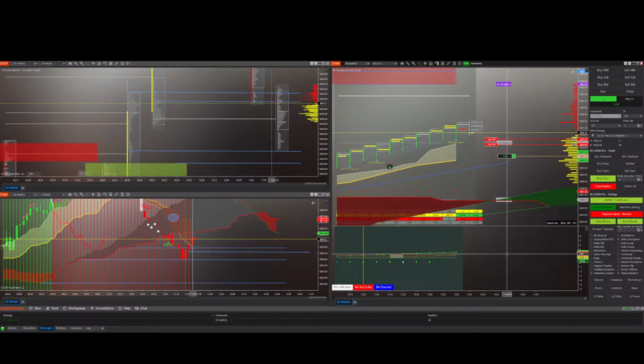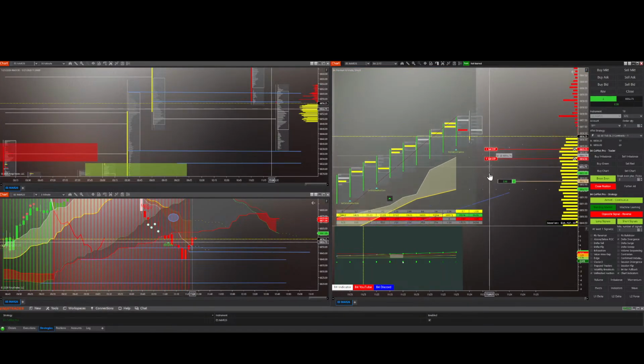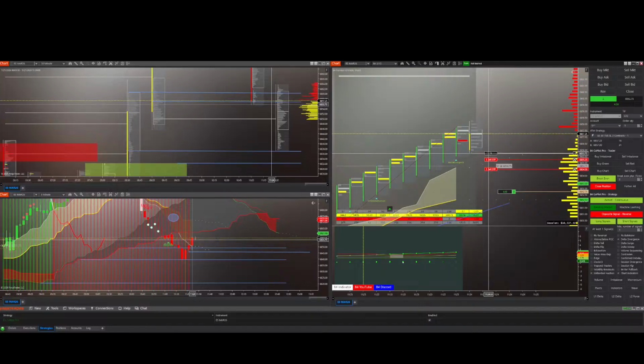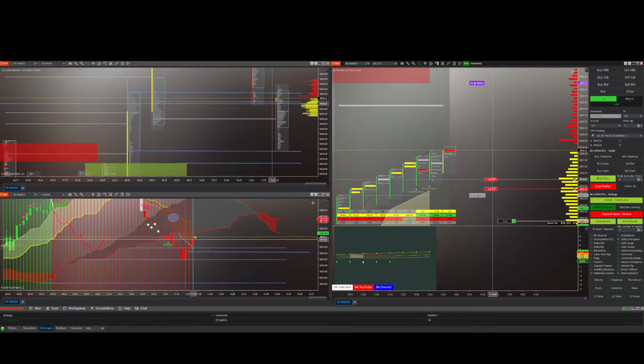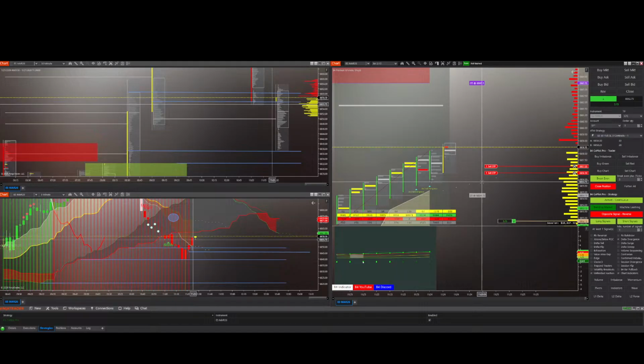We're up at 2.4. Stop filled. Stop filled.